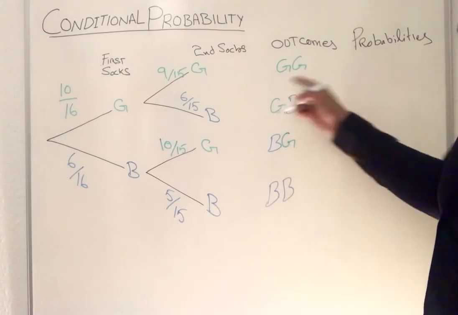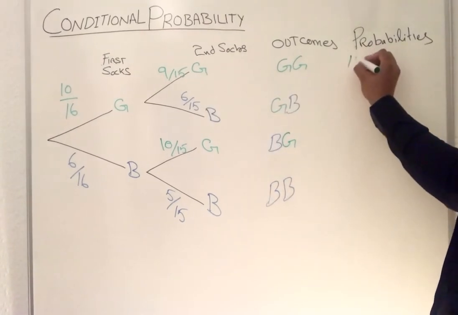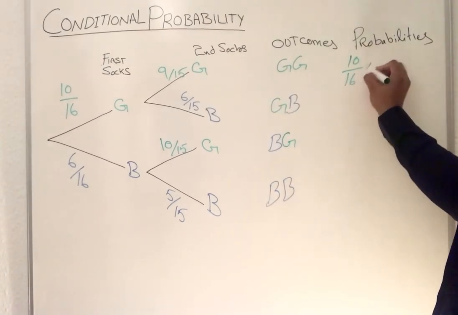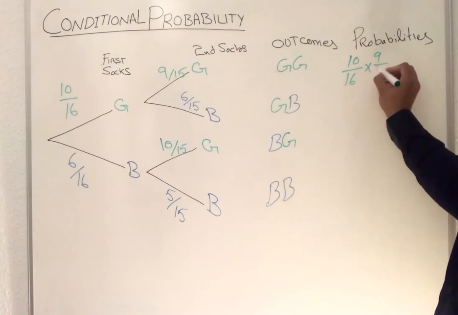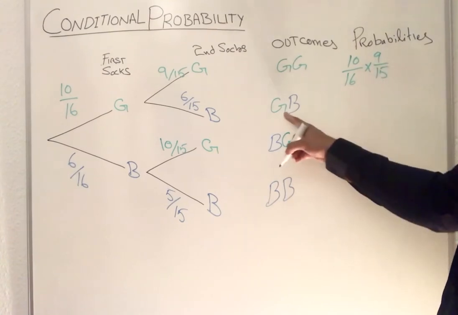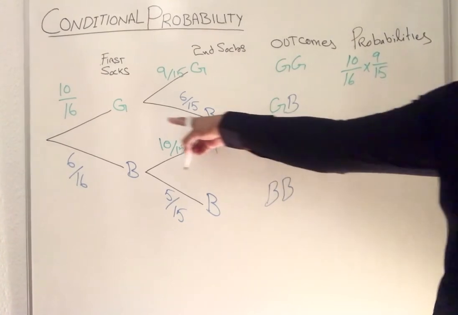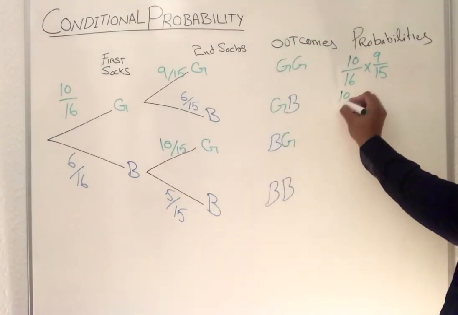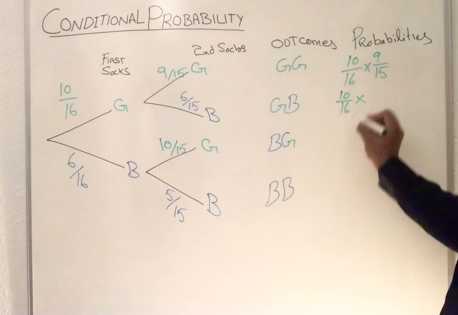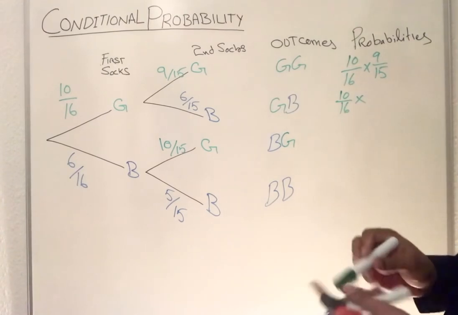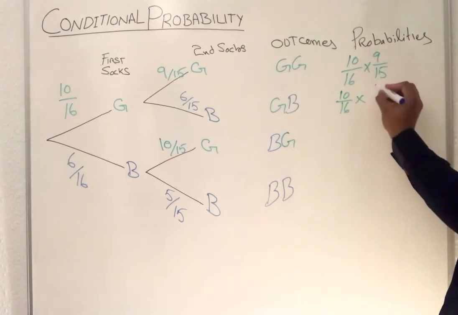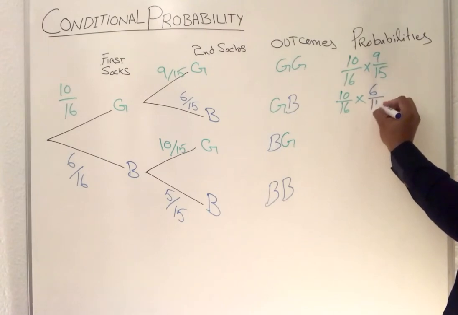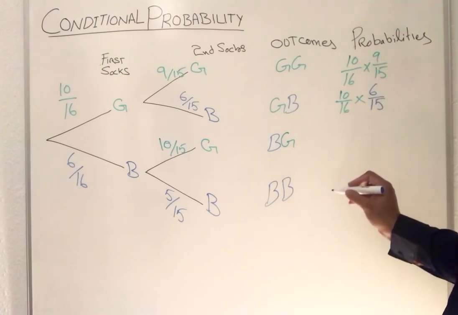So green, so 10 out of 16 times 9 out of 15. Green, that. So that becomes 10 out of 16 times, what is the blue, 6 out of 15.